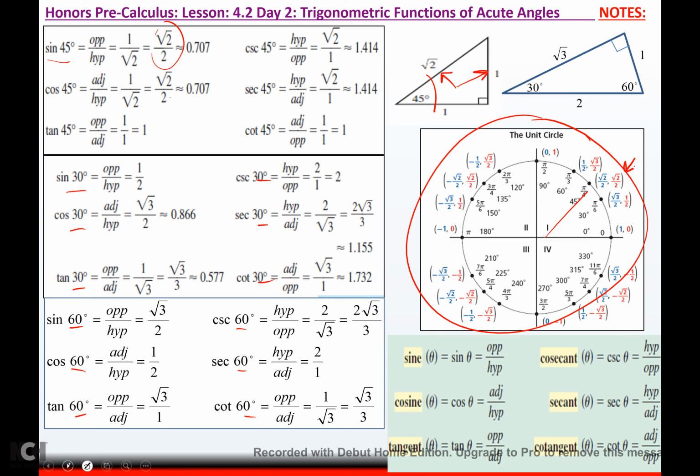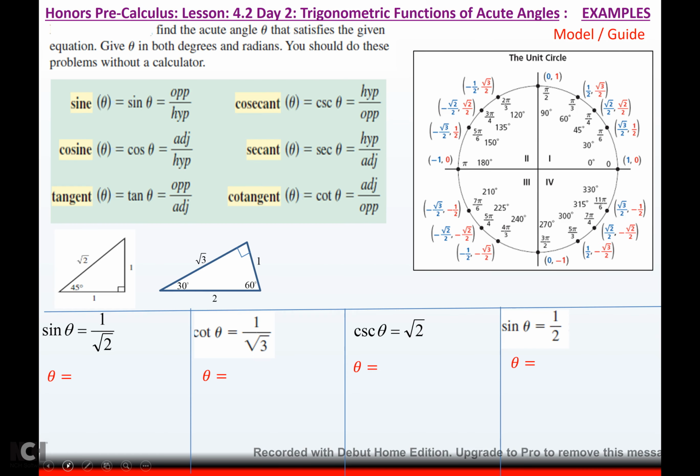Alright, so it says, find the acute angle that satisfies the given equation. Give theta in both degrees and radians. You should do these problems without a calculator. So you have a couple of ways to approach this. If they're saying do this without a calculator, then I promise you theta is in the unit circle.